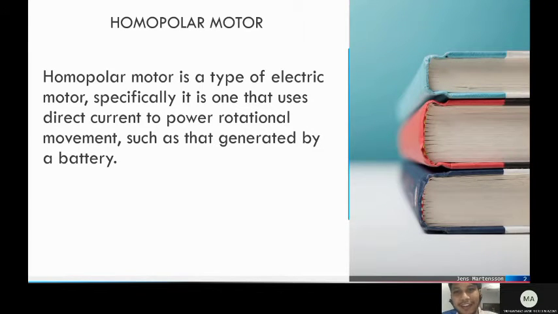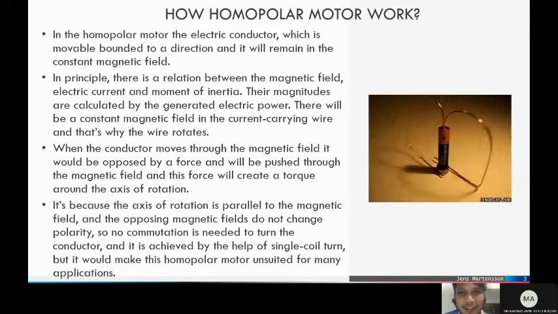A homopolar motor is a type of electric motor. Specifically, it is one that uses direct current to power rotational movement, such as that generated by a battery. In the homopolar motor, the electric conductor, which is movable, is bounded to a direction, and it will remain in the constant magnetic field.